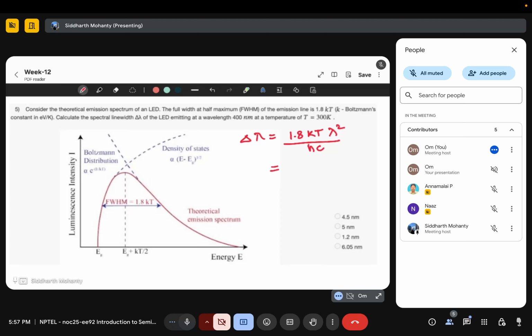So 1.8 kT will be 1.8 into 0.026 electron volt.